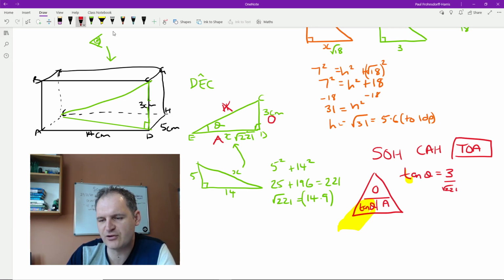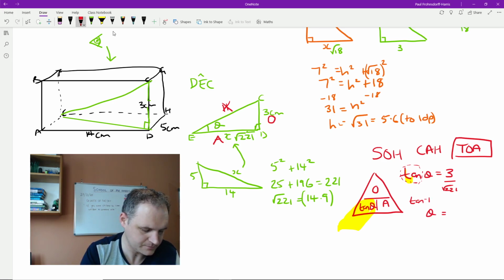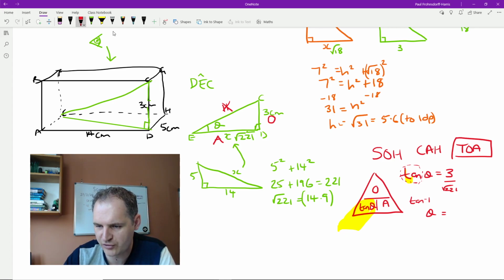So we then need to get rid of tan, and the way we get rid of tan is to use tan to the minus 1. So theta equals tan to the minus 1 of 3 over root 221, which is equal to 11.4 degrees.